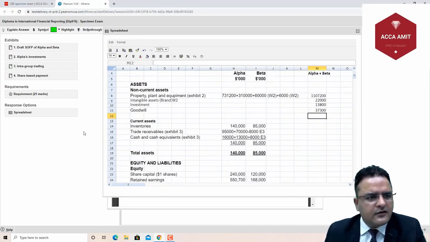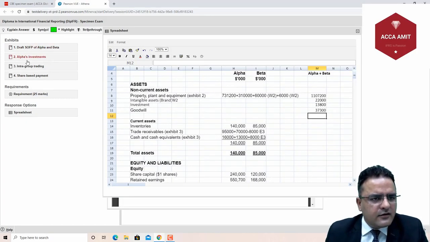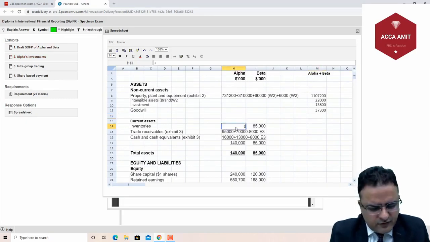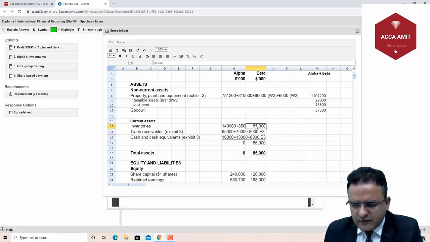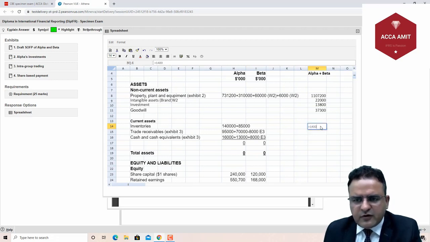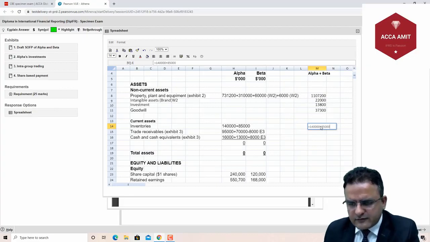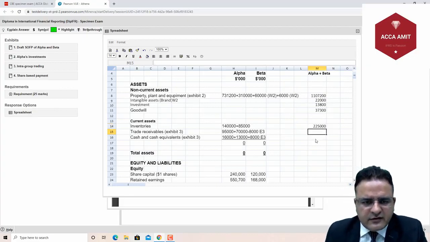Inventories are added as 140,000 plus 85,000, equivalent to 140,000 plus 85,000 is the valuation of inventories.